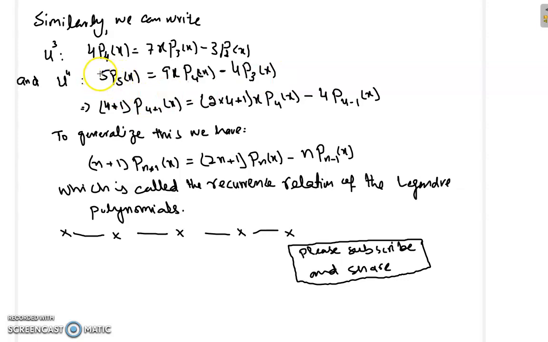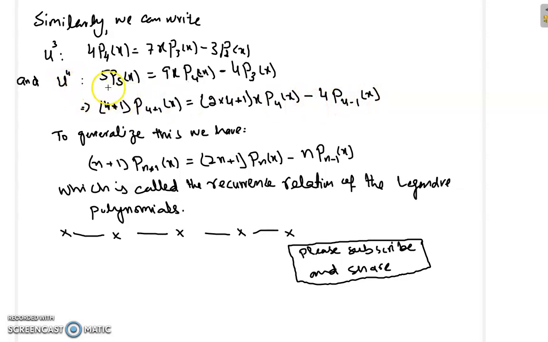So this 5 can be written as 4 plus 1, and this p5 can be written as p4 plus 1 of x, and this 9 can be written as 2 into 4 plus 1 times x p4 of x minus 4 times p4 minus 1. This 3 can be written as 4 minus 1 of x.